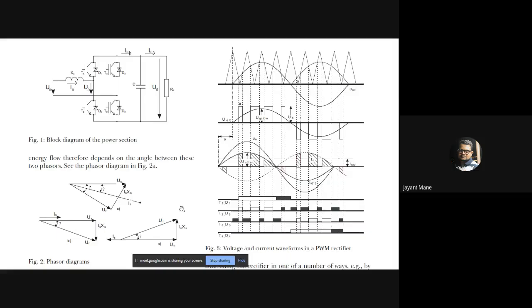Okay, so these are pulses, we can say, and the width is there for the pulse. So to change the voltage, see this is UR and UD. So what is UD? UD is DC voltage.